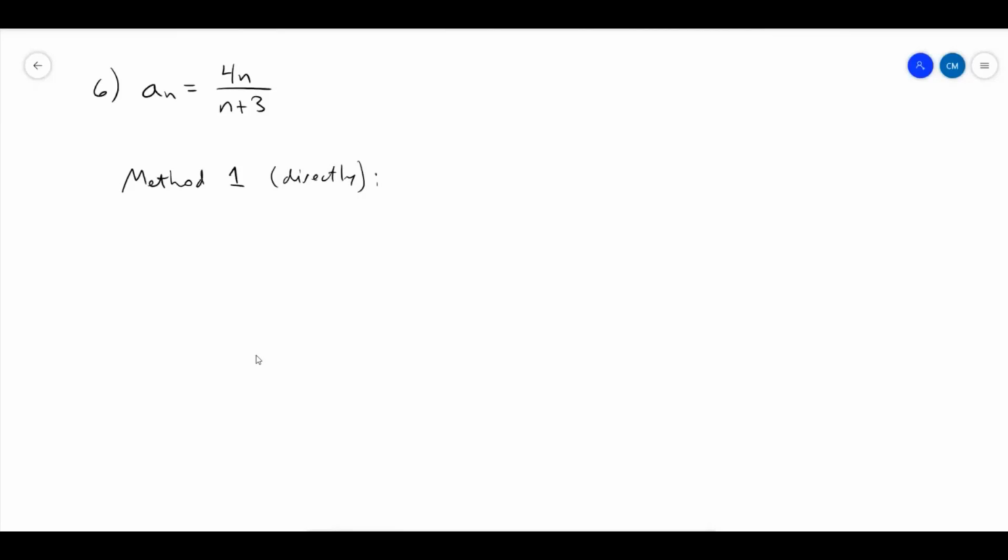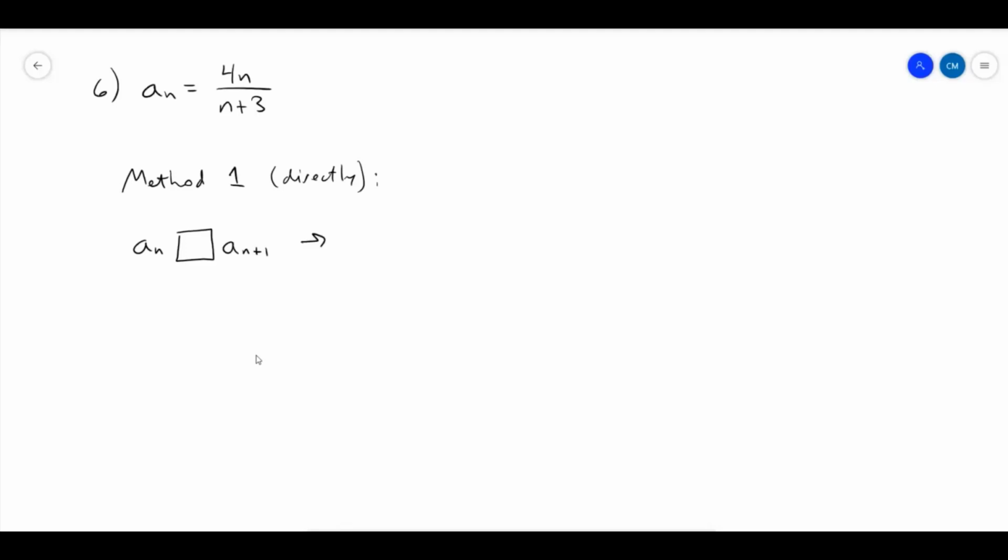How does the a sub n term compare to the a sub n plus 1 term? I'll put a box here to say which way, if any, it points. If it points in either direction, then it's monotonic. If I can't put any inequality there, then it's not monotonic at all.